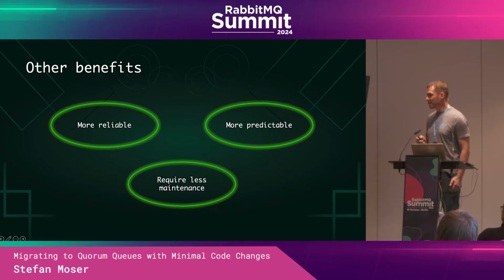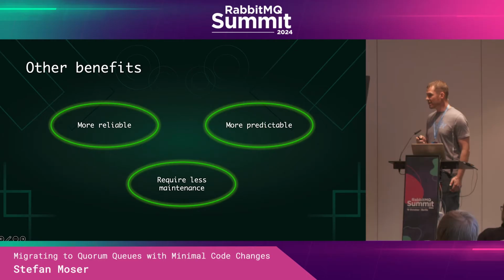The underlying Raft log is a very simple mechanism that Quorum queues use that allows us to operate Quorum queues with a lot less maintenance. We don't have to worry about things like we do with queue syncing in classic mirrored queues, where if a node is disconnected for a period of time and it reconnects, it has to resync the whole queue. Quorum queues will just catch up to whatever they've missed if a node is disconnected for a while.